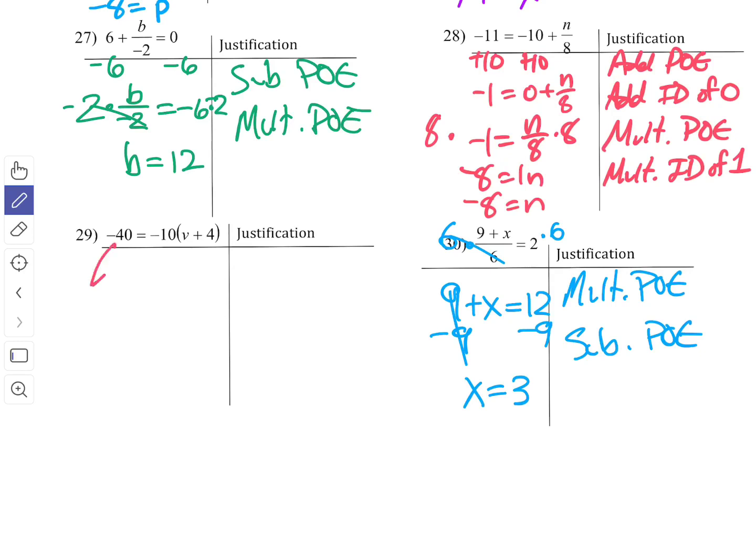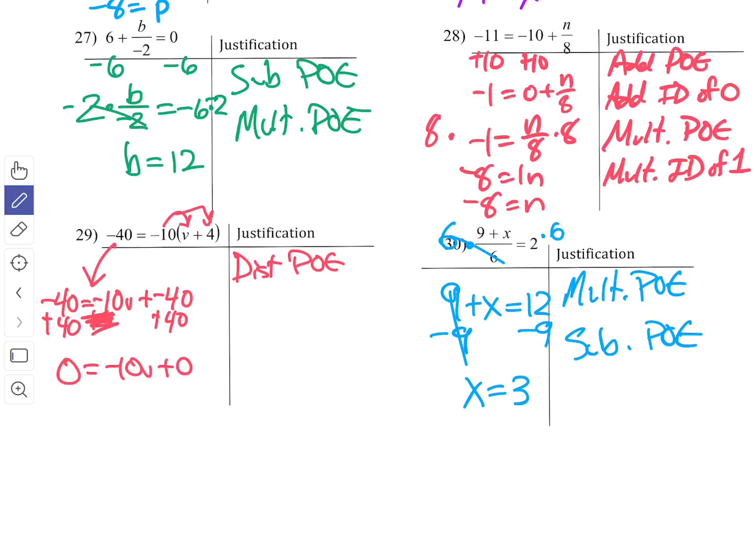So, first way would be distribution, right? And we'd get negative 40 equals negative 10v plus negative 40. Add 40. Oops. Almost made a mistake there, didn't I? We'd get 0 equals negative 10v plus 0.